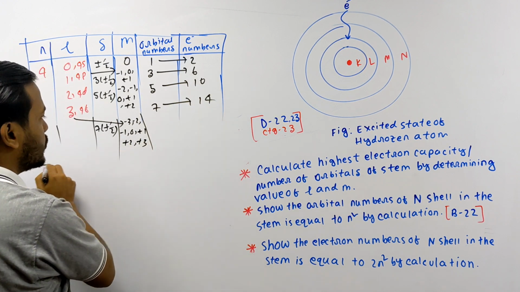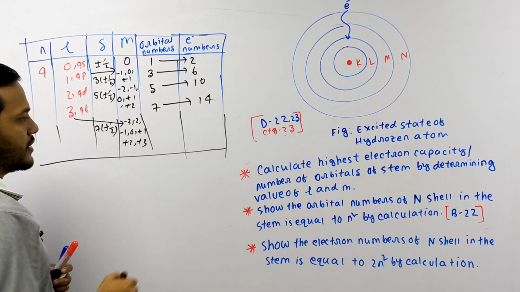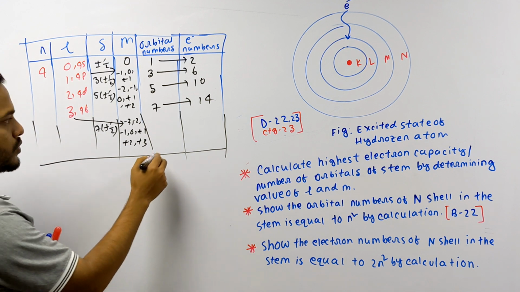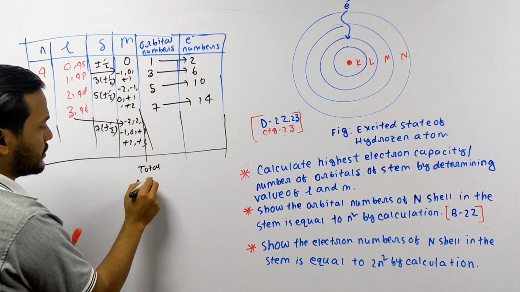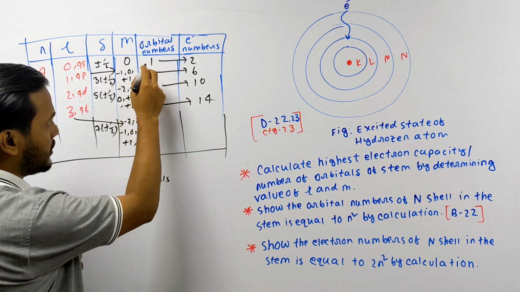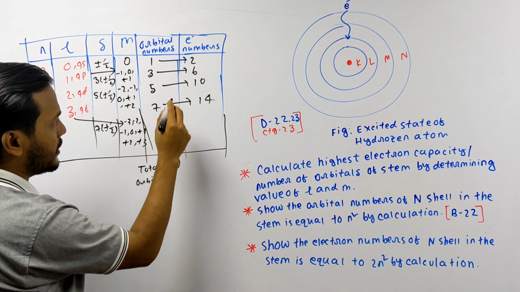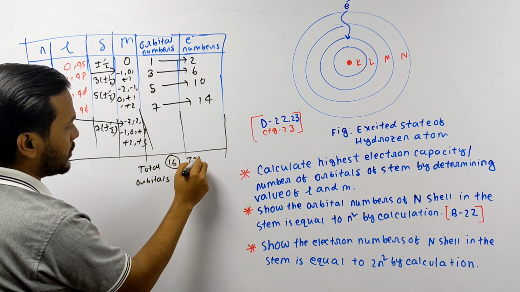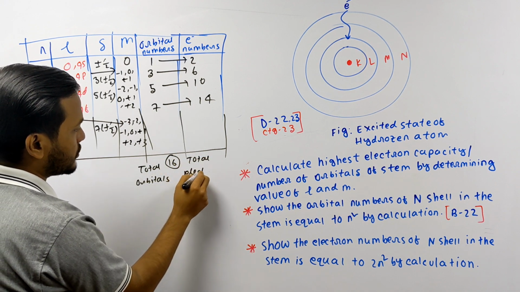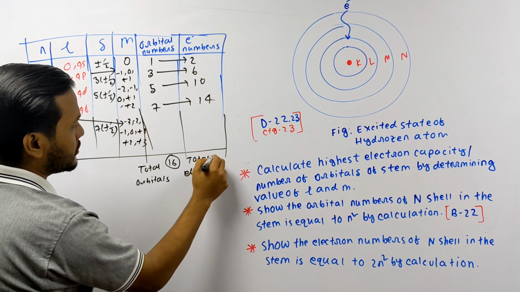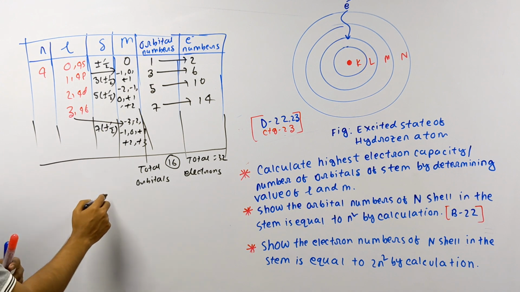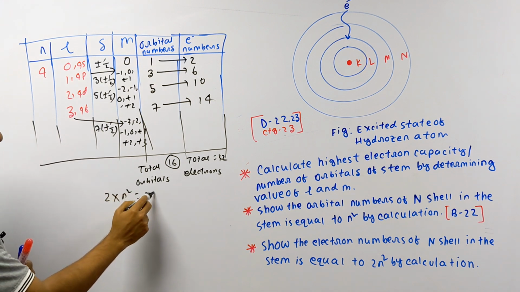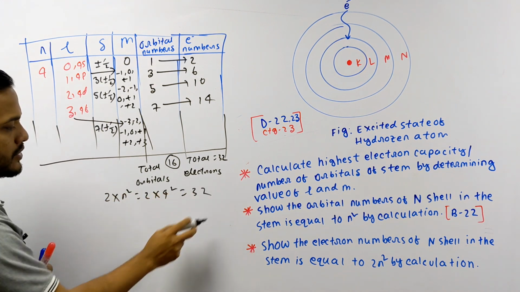So the total orbitals are 16 and the total electrons are 32. The total electron number follows 2n². 2 times 4 squared means 32.